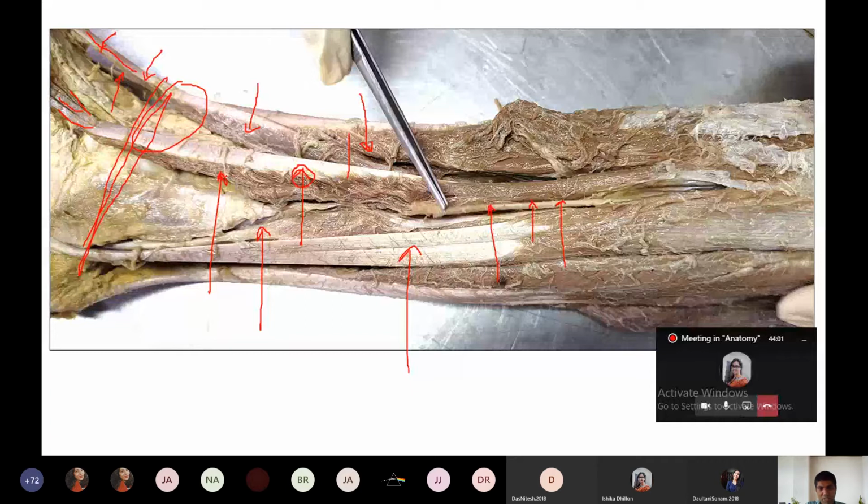In the lateral compartment, we can enumerate these two: peroneus longus and peroneus brevis. Here also you can see the tendons. This is the tendon of the peroneus longus, and this one is the tendon of the peroneus brevis. And if this point is asked, this point is the lateral malleolus, which is formed by the lower end of the fibula.